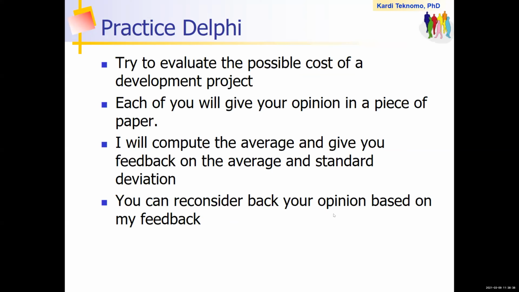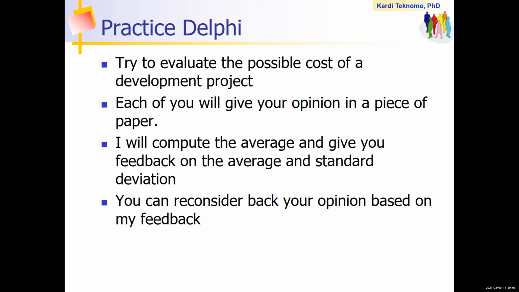Each of you gives your opinion, and then I compute the average and give you feedback on the average and the standard deviation. Actually, I should not let you know the opinion of each of you. I only give you the average as feedback, and then I ask you to reconsider your opinion based on my feedback.